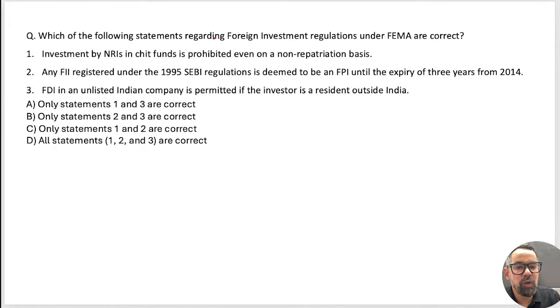Which of the following statements regarding foreign investment regulation under FEMA are correct? Investment by NRI in chit funds is prohibited even on non-repatriation basis. Chit fund investments are prohibited, right?